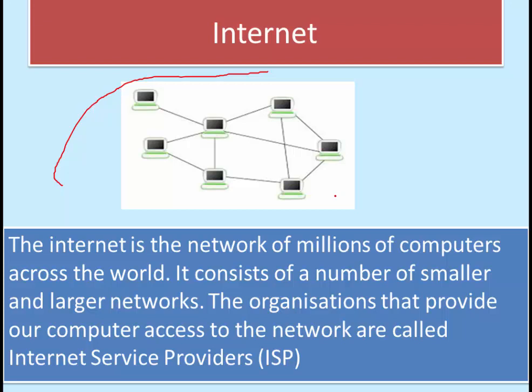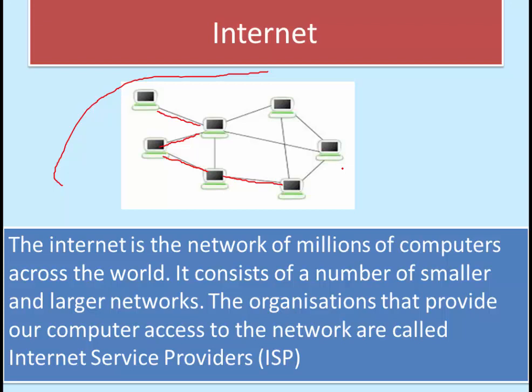So the internet is a networking that is spread across the world. It is only infrastructure, computers, and the facility to connect these computers that is called the internet.